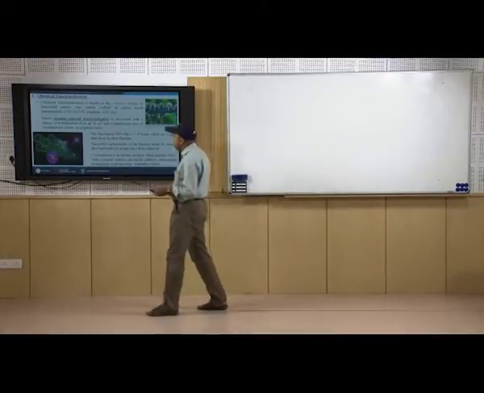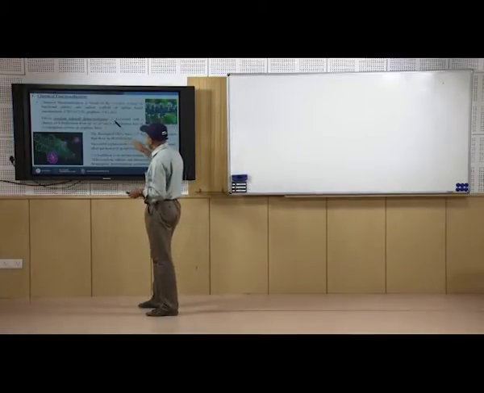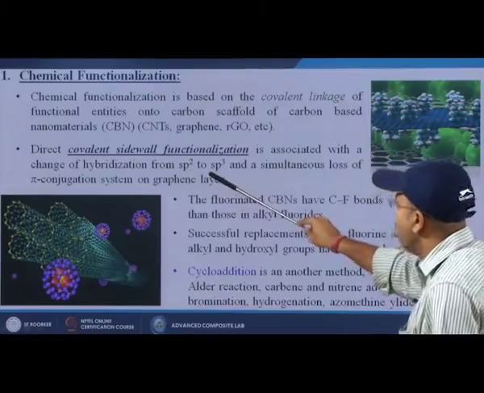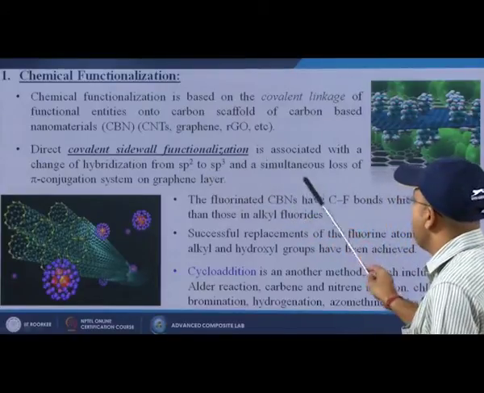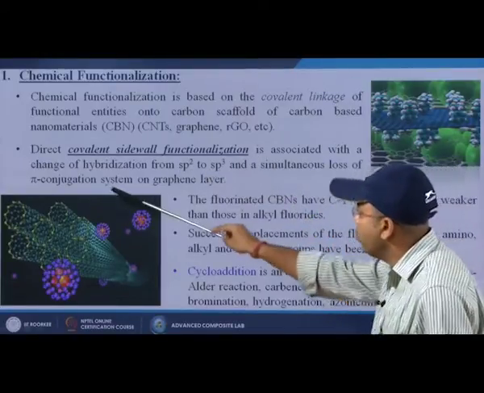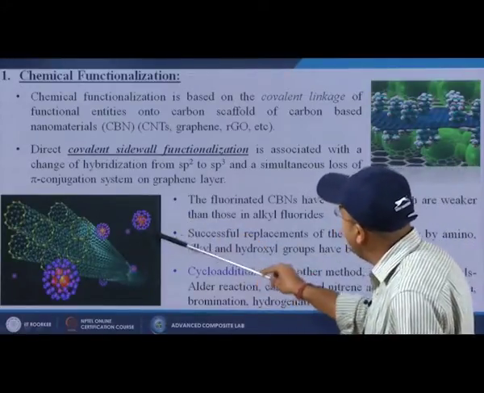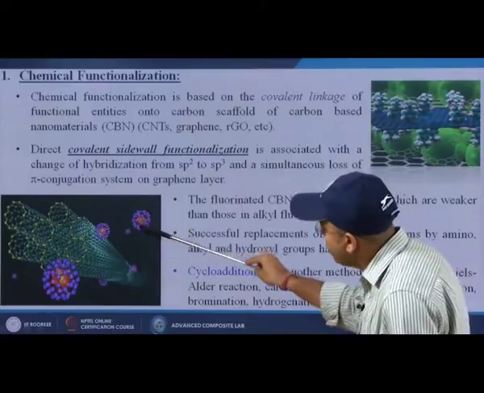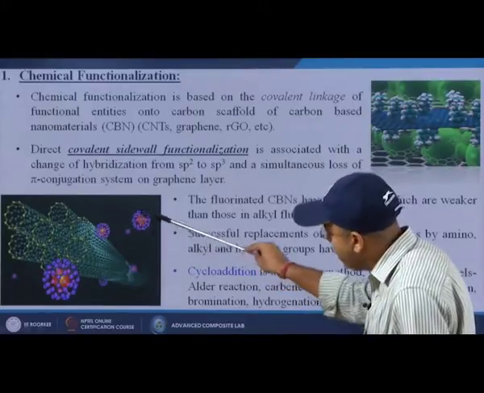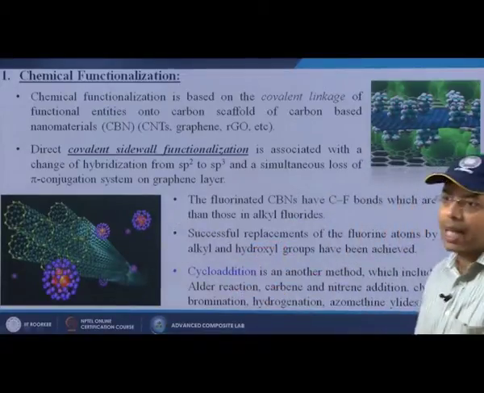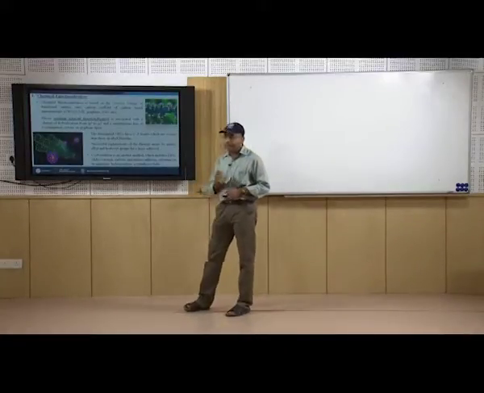Direct covalent sidewall functionalization is associated with a change of hybridization from sp2 to sp3 and a simultaneous loss of the pi conjugation system on the graphene layer. So, by the covalent linkage these functionalized materials will attach onto the sidewall of the nanoparticles itself.